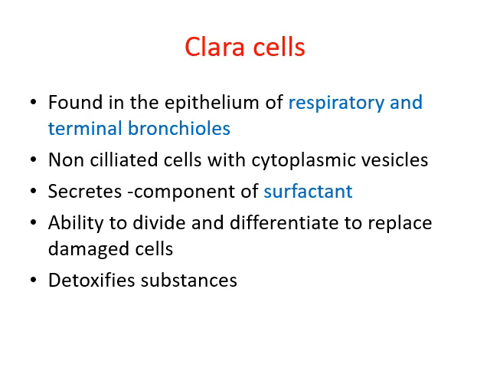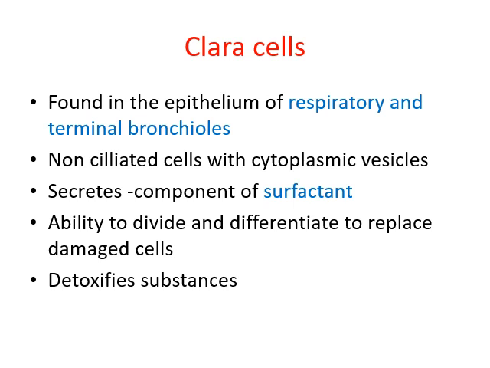Okay, so now we'll look at a special type of cell which is found in the epithelium. These are called Clara cells. The Clara cells are found in the epithelium of the respiratory and the terminal bronchioles. These Clara cells are non-ciliated. They don't have cilia on their luminal surface, and in their cytoplasm you see a lot of vesicles, right?